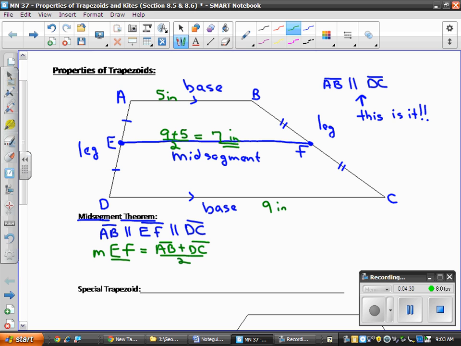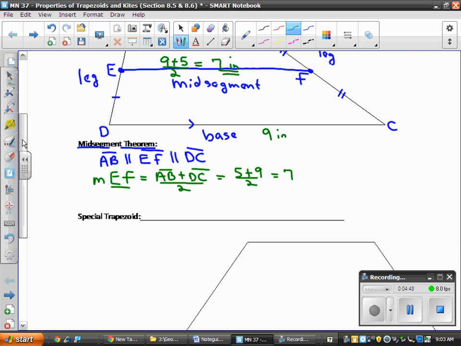That's where we got the 9 plus the 5. Actually, to be more technical, AB is 5 plus the 9 divided by 2, and that's going to give you that 7. So that is really all there is to typical trapezoids.